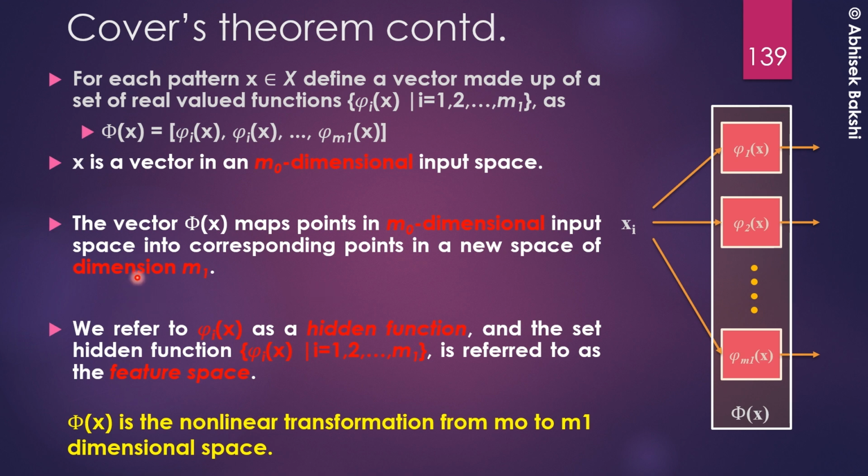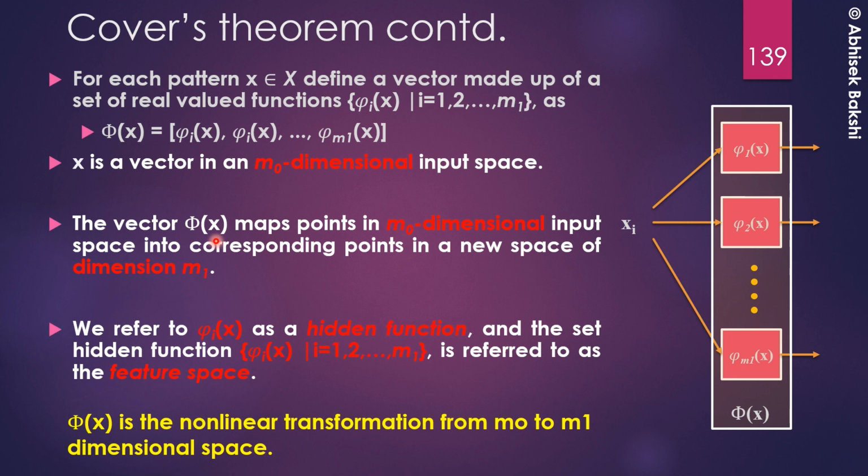Okay, so let's come to the third point. What is written? The vector phi(x) maps the points in the m0 dimensional input space into corresponding points in a new space of dimension m1. So this phi(x) is basically a mapping vector, which is mapping a vector of m0 dimension space to m1 dimension.